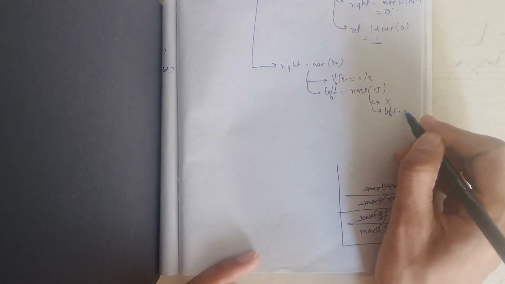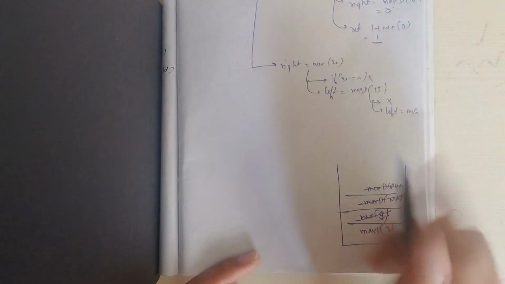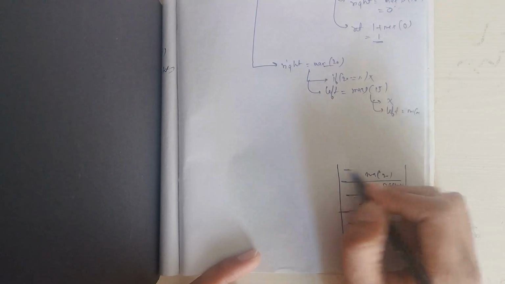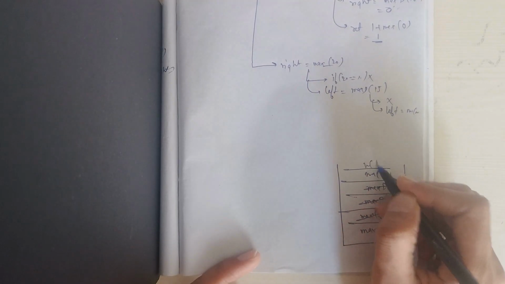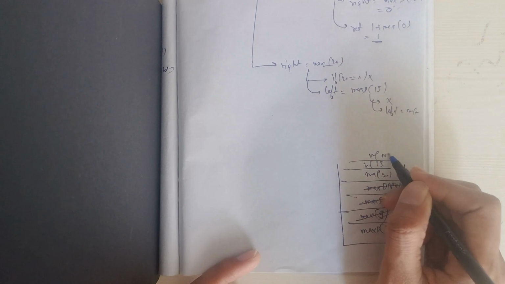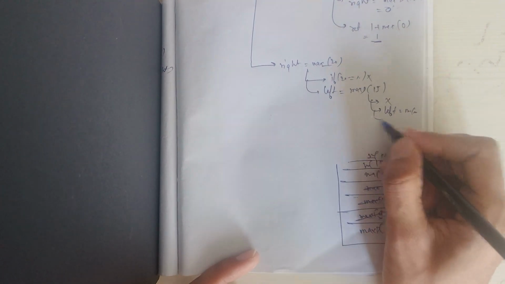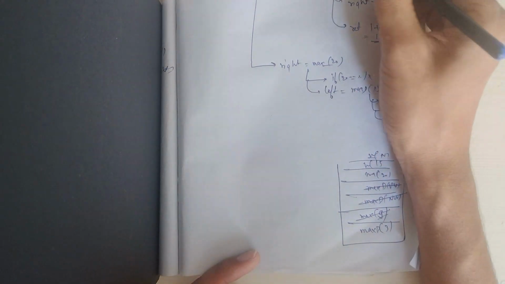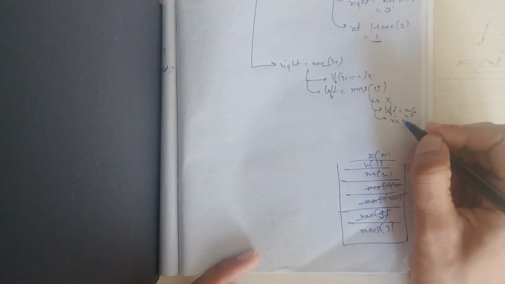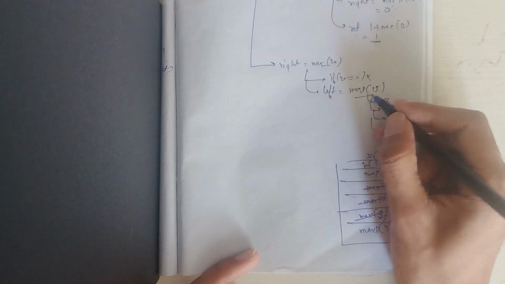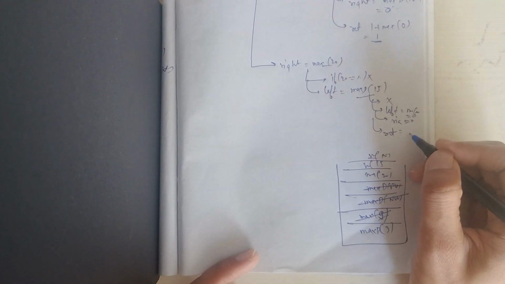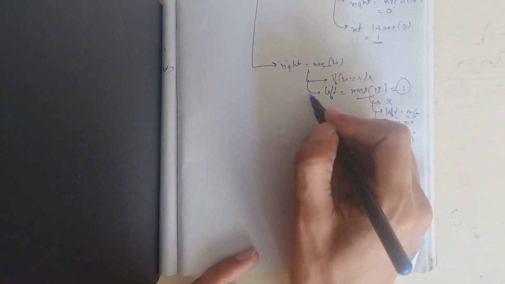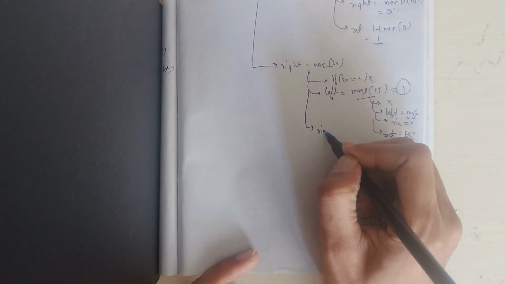Find left: maxDepth of null returns 0. Right of 15 is null, so right also returns 0. So overall 15 will return 1 plus 0, which is 1.